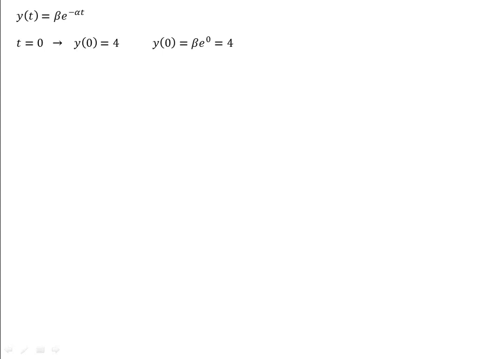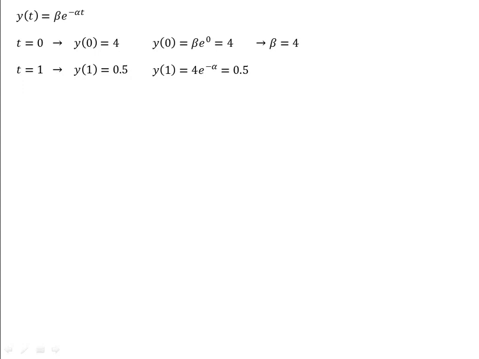Since e to the power 0 is 1, we find beta equal to 4. If we look at another point, for example t equal to 1, from the graph we know that y1 is equal to 0.5. Substituting t in this relation, we see that y1 is equal to 4e to the minus alpha equal to 0.5.